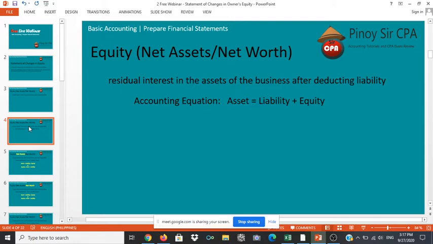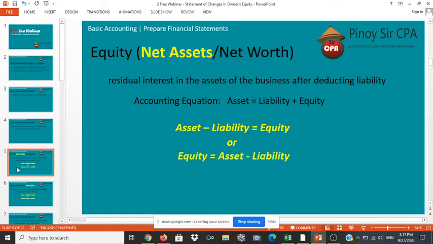Now, let's use algebra. Okay? We will transpose this liability to the other side of the equation, making the sign of the liability as minus sign. Tama? So, ano magiging itsura niyan pag nilipat mo? Ganito. Asset minus liability is equals to equity.